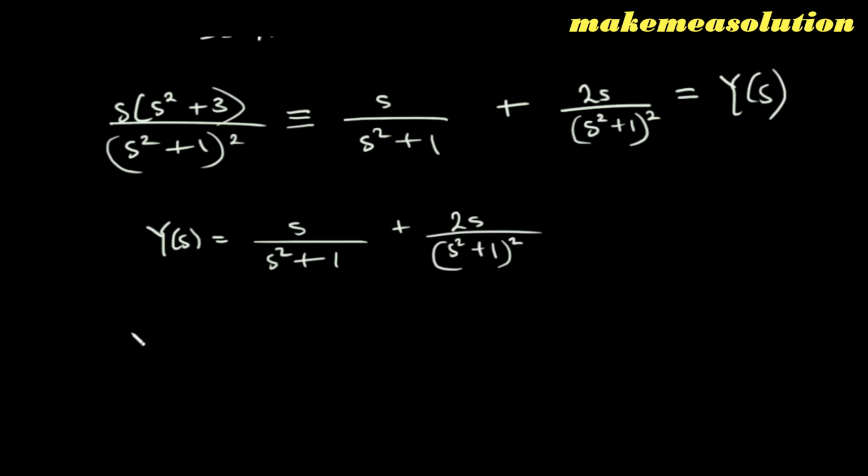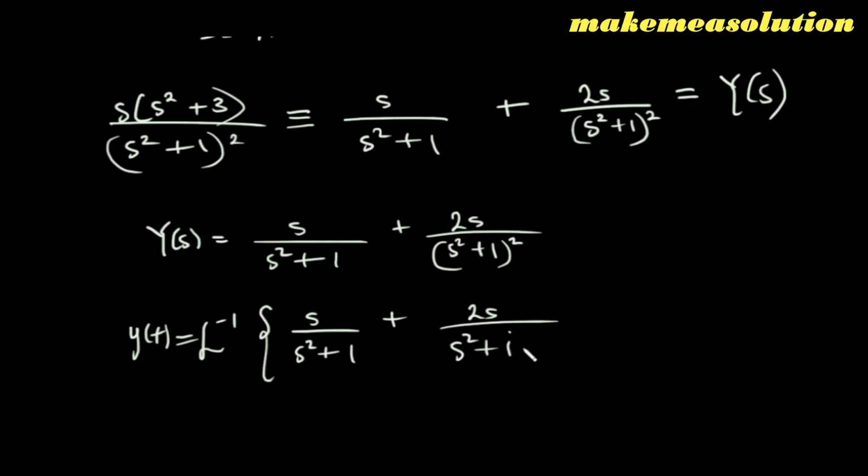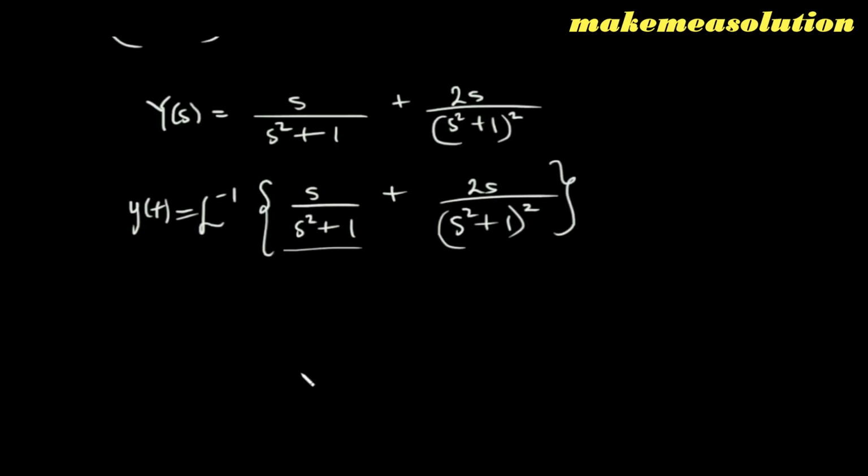So to find y of t, you take the inverse Laplace transform of your Y of s, which is s over s squared plus 1 and plus 2s over s squared plus 1 all squared. Now, to get the inverse Laplace transform of this one, you discover is easy. Let me just apply linearity.